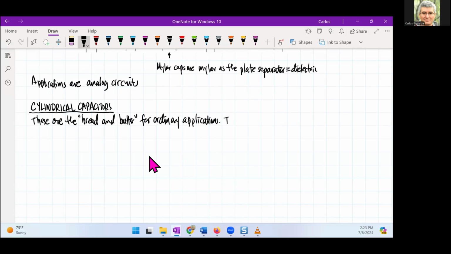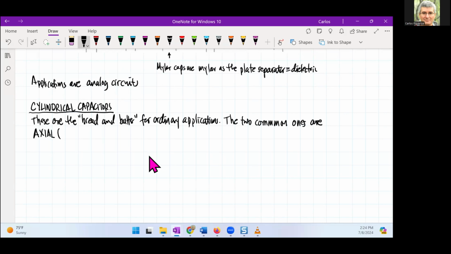So the two common ones are what they call axial.